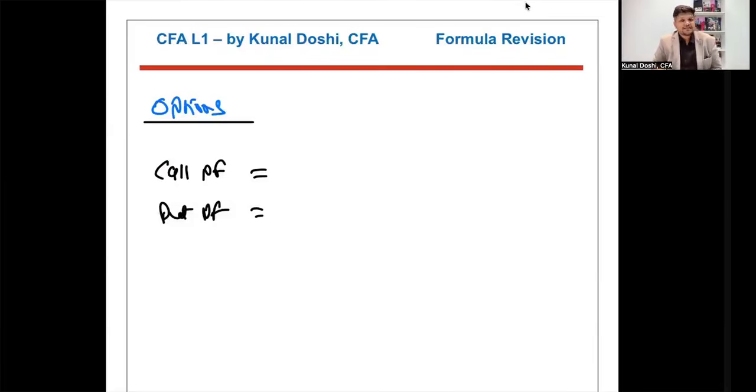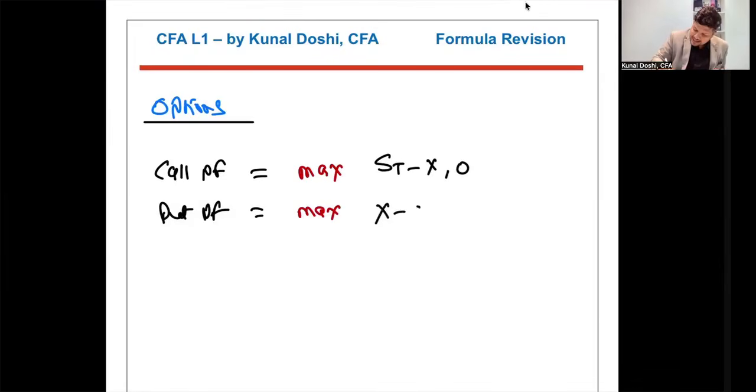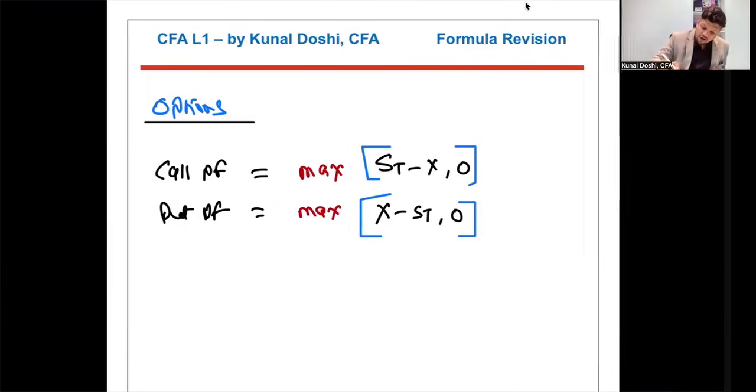Call payoff. Can someone help me? It is a maximization of something, right? Maximum of ST minus X, where ST is spot at maturity and X is the strike rate, or 0. And put is X minus ST, or 0. Am I correct? Everyone, this is my payoff.